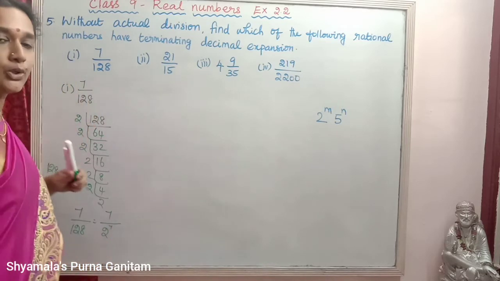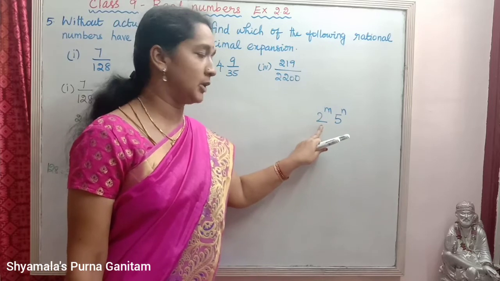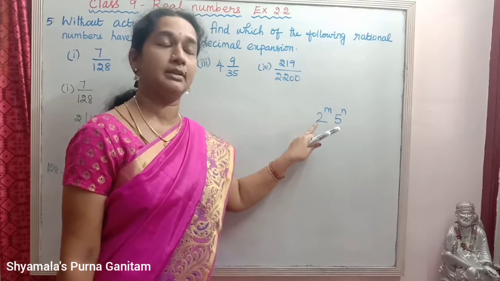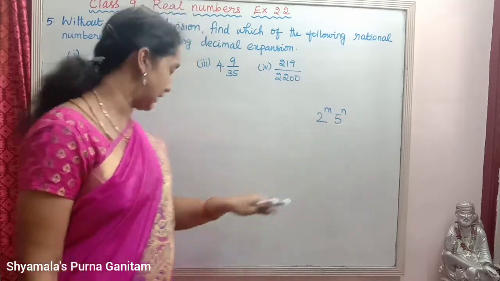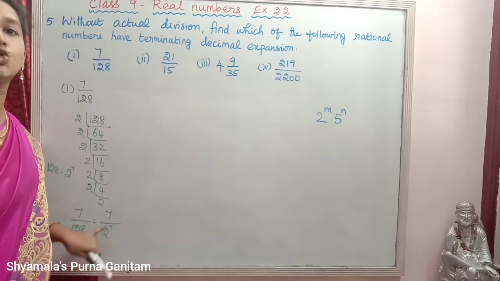As I told you, the denominator should have prime factors with base 2 and any power of 2, or 5 power n. Here we have the denominator as a power of 2, that is, 2 power 7.